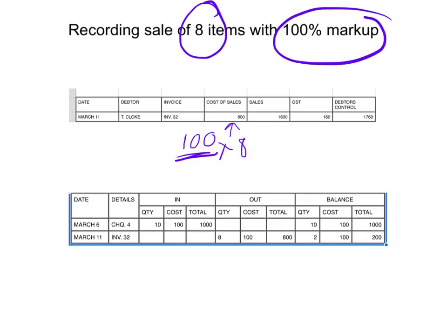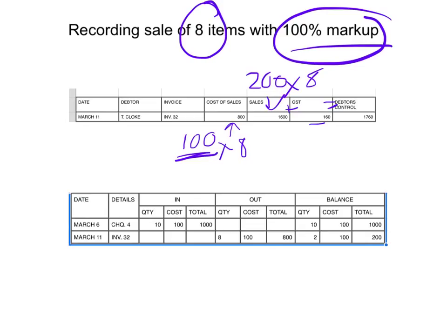That figure is lower. The cost of sales figure is lower than the product cost method. Because there's a fixed markup, double the figure, $200 is the selling price. That's how I get my sales plus GST. Remember, sales plus GST always gives us our debtors figure.